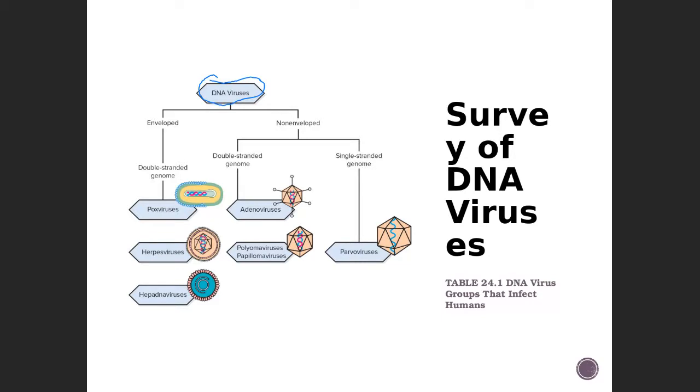And remember again, most of the animal viruses have envelope. Therefore, the enveloped viruses will be here. And because these are DNA viruses, most of the DNA viruses will be double strand. So it's a double helix like this.